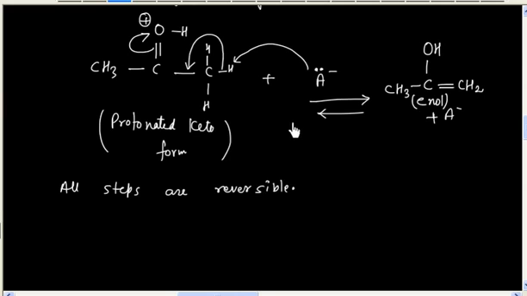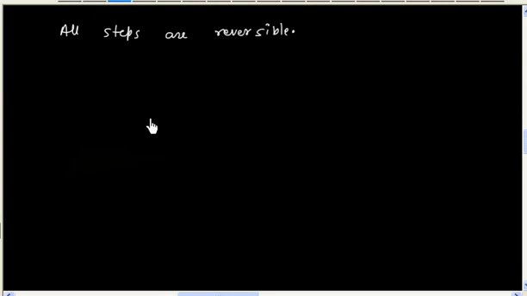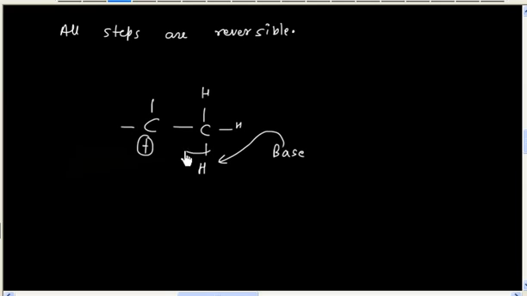The last step, that is loss of H plus by conjugate base, is very similar to the E1 reaction. If you remember the E1 reaction, you have a conjugate base and this can take a proton from here, at the same time this can go to form a double bond.